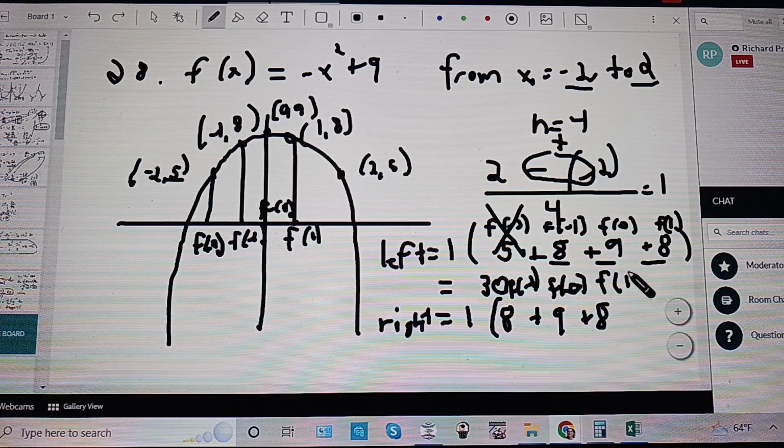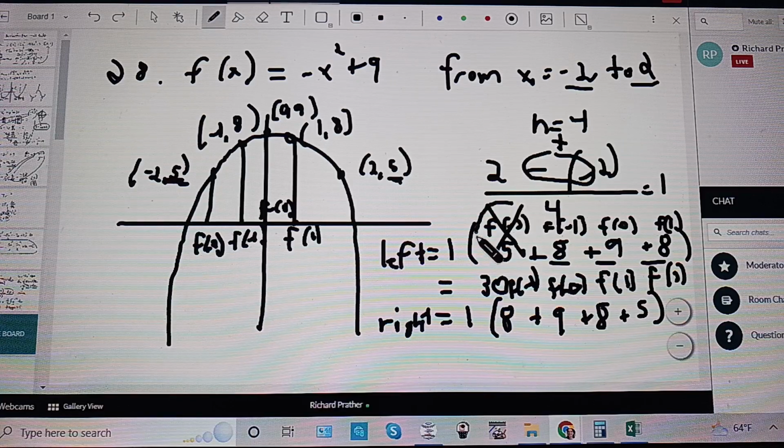But the right endpoints have f of 2 included. Because f of 2 has the same answer as f of -2, I'm going to get the same answer for part B. That's not usually the case either. It's only because of the symmetry of the graph and because I'm going over a symmetrical portion of the graph.